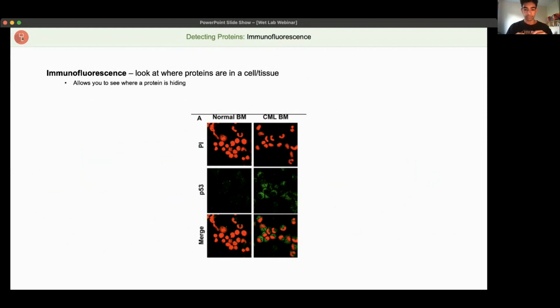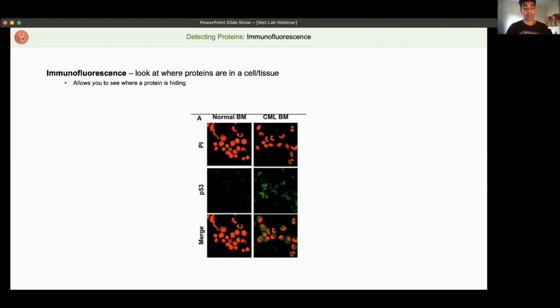But essentially from this image, you can also decide on whether there's more of a protein in a certain cell line, but it's hard to be very quantitative about it. It's hard to put numbers on them, because microscopes vary day on day, the weather, all of that affects how a microscope works.